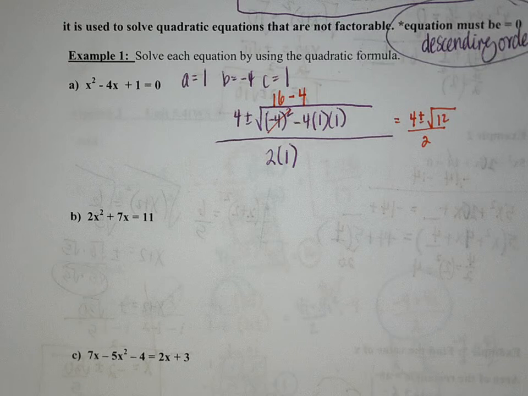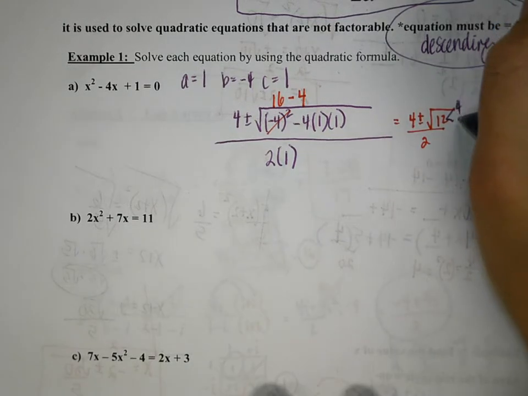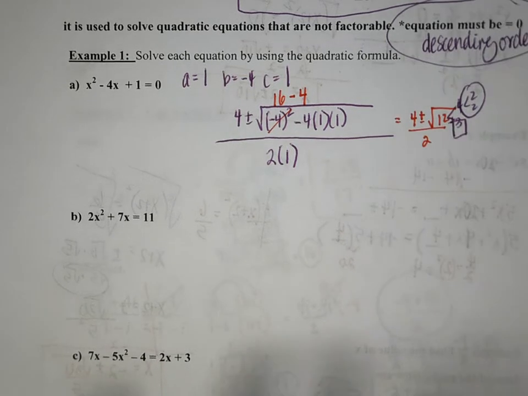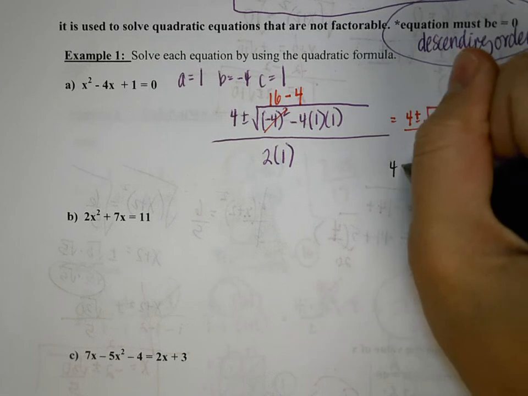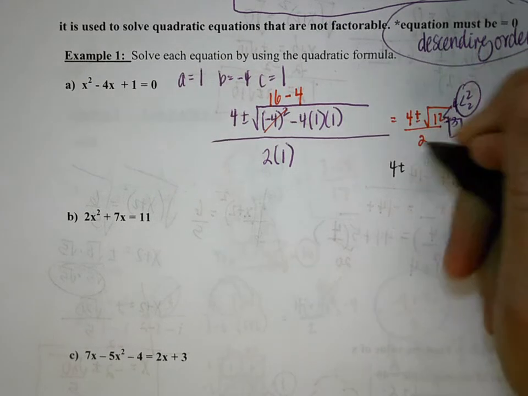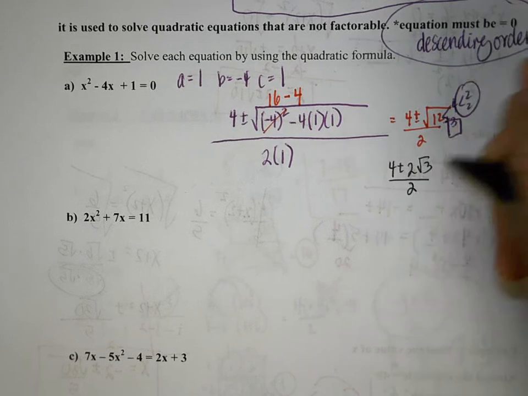Can 12 reduce? Yes. 12 breaks down to 4 and 3, and 4 is 2 and 2. So I have a pair of 2's with a 3 left over. So I would write this as 4 plus or minus 2 root 3 all over 2.